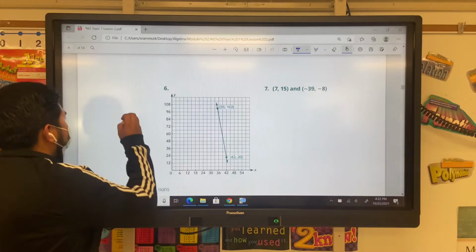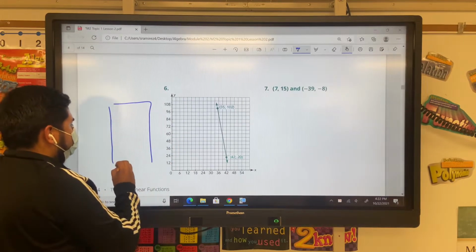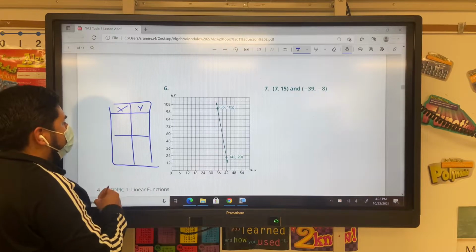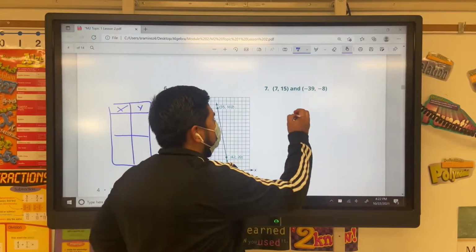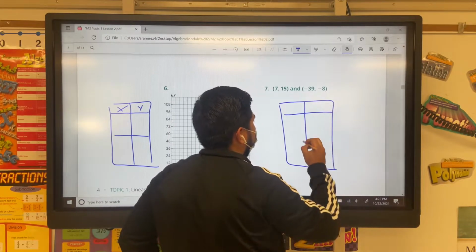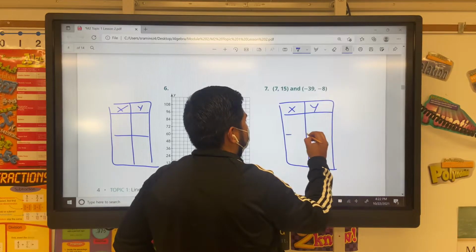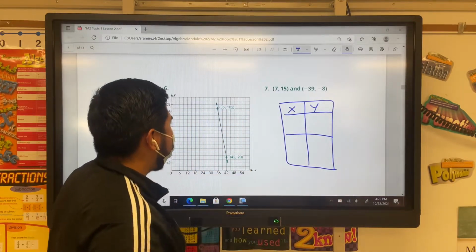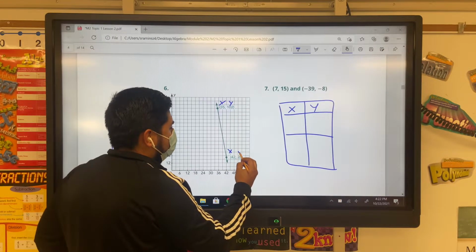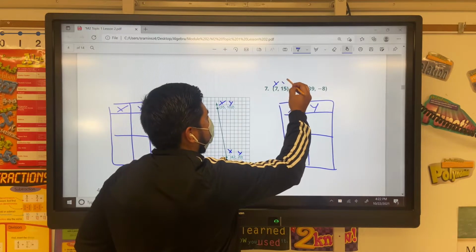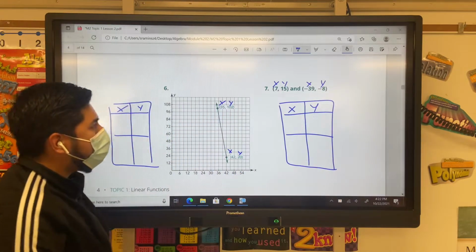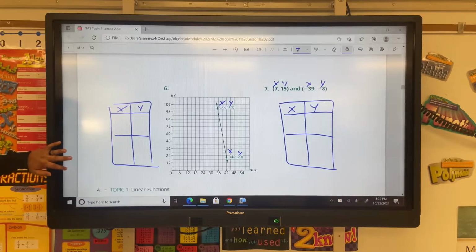Another table. X, Y, 2 points, stat edit, stat calc 4, another table, X, Y, 2 points, label, I'll even help you, X, Y, X, Y, X, Y, X, Y.